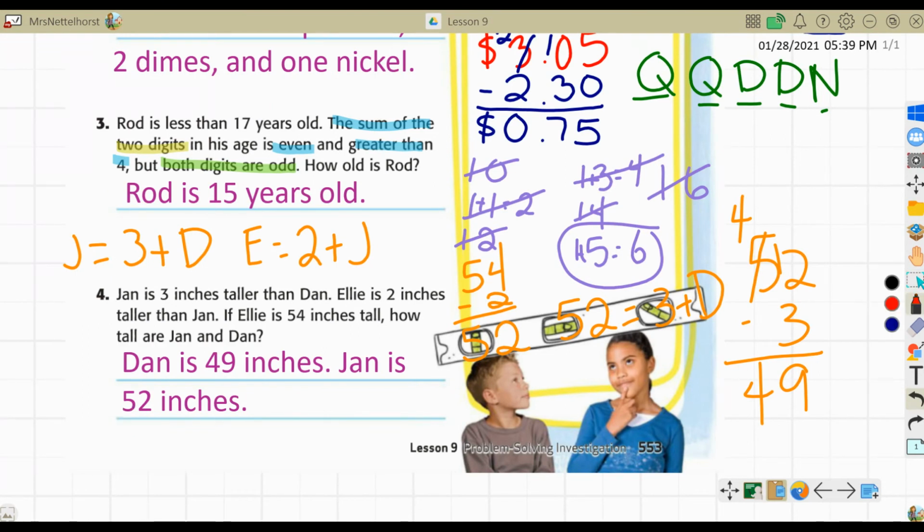Dan is 49. 49 plus 3 equals 52. So Jan is 52 inches. And Jan, being 52 inches, plus 2 equals 54. So Ellie is 54 inches tall, which it says right here. So we did it right.